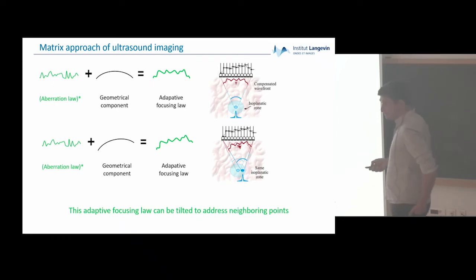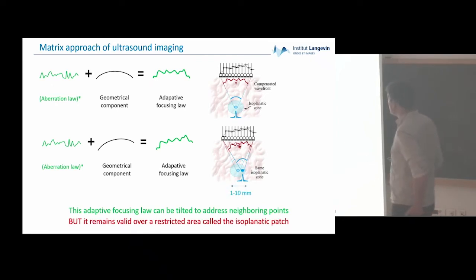But of course, this has a limit, because the aberration phase law that I found is limited over an area that we call the isoplanatic patch. And this is the area over which the aberrations induced by the medium are spatially invariant. And this isoplanatic patch can be quite small, actually. It can be of the order of 1 millimeter in your image, or even smaller, actually, for high-order aberrations.